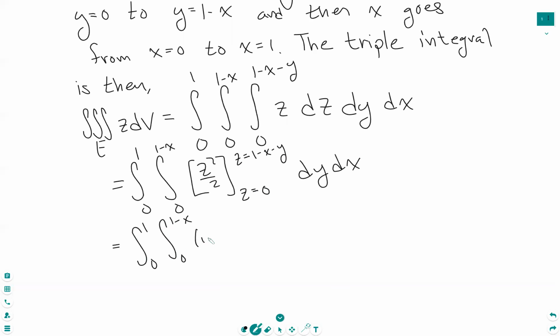This becomes 1 minus x minus y squared, with a 1/2 out in front, dy dx.